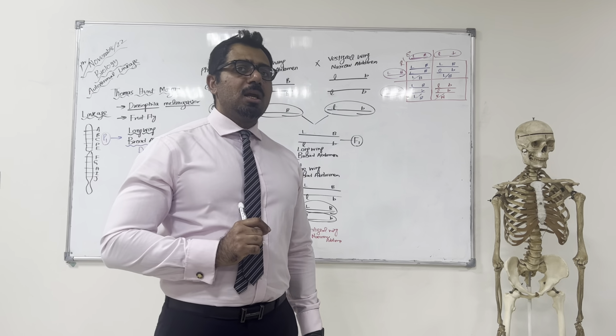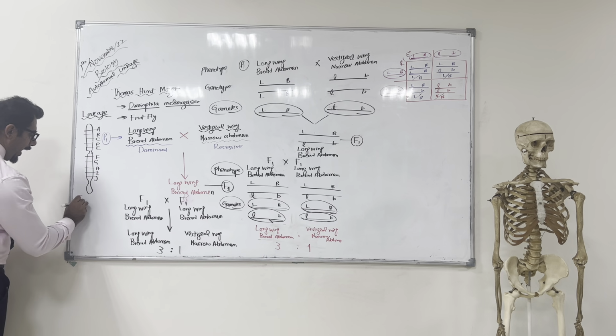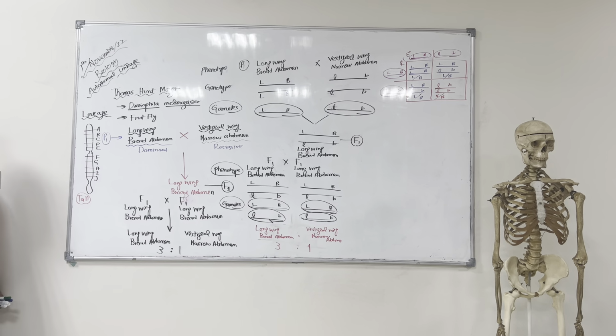There is a tall plant. There are two chances. This tall plant can be capital T small t, or it can be capital T capital T. Do you remember this or not? If there is a short plant, then it is always small t small t. Cross it with the recessive. But remember, we make the test cross only for the dominant trait to find out its genotype.